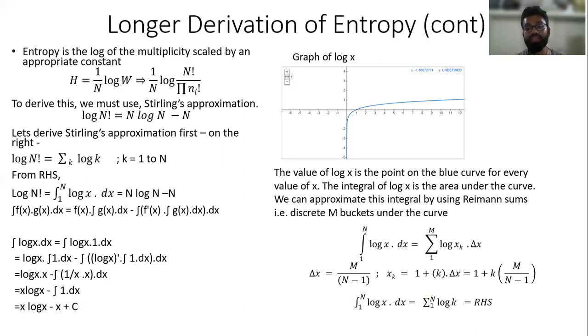And this is the RHS that we were looking at, log of n factorial. So I've taken a detour to show that log of n factorial is approximately the area under the curve from 1 to n of log x dx.